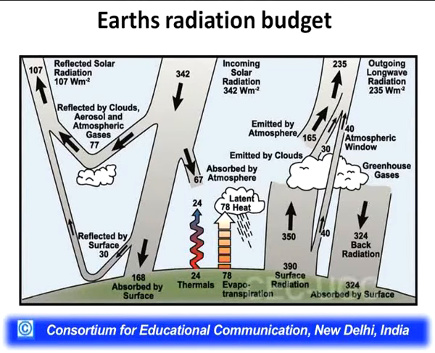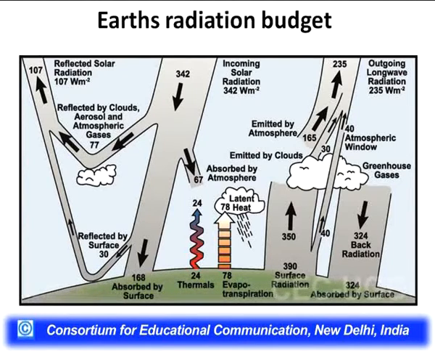Out of that, 40 is directly going to space. It is not hindered or stopped by any atmospheric component. So, 350 is left, which is being trapped by the atmosphere.